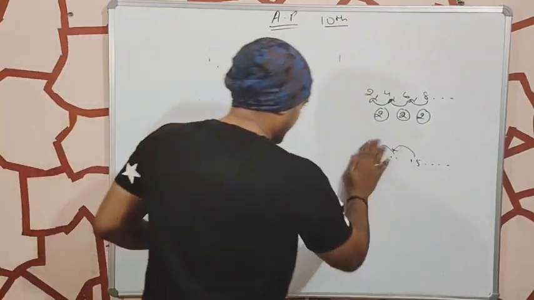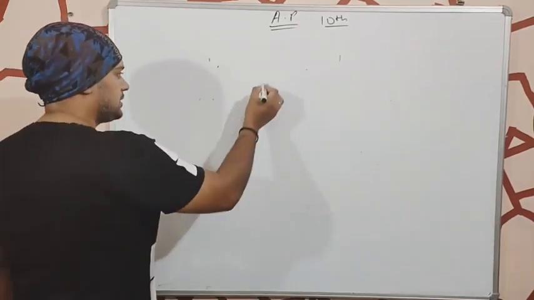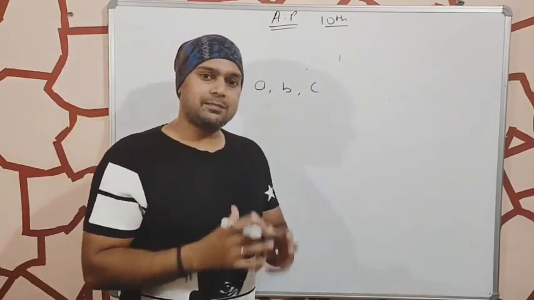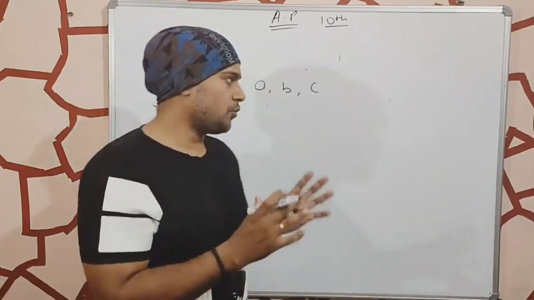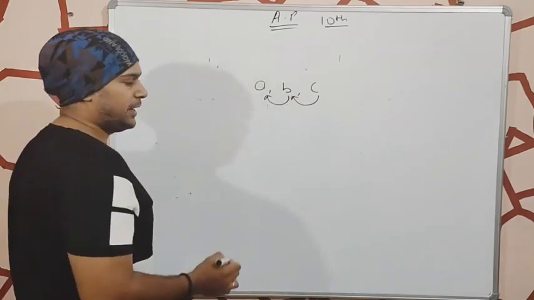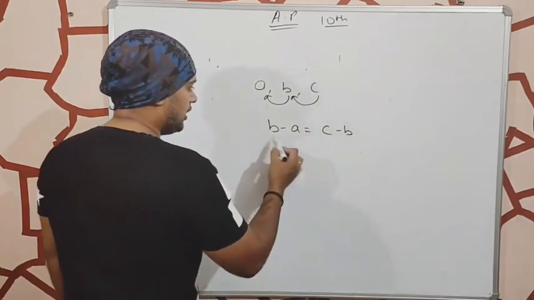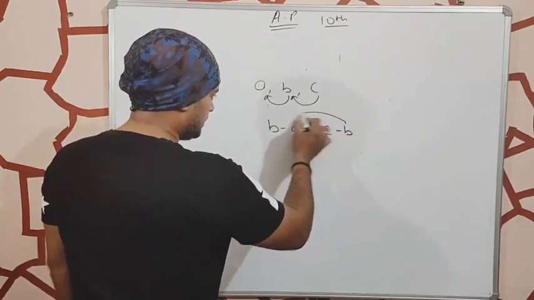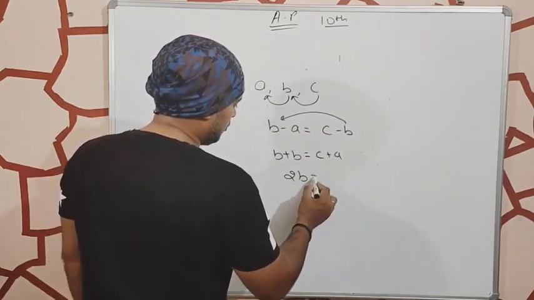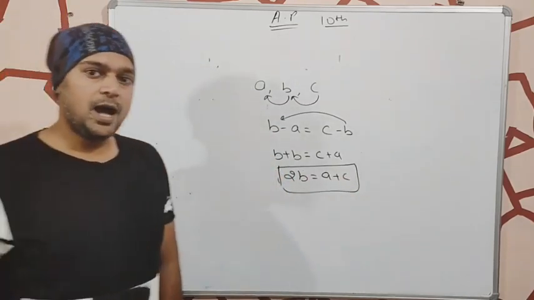Suppose there are 3 terms, say A, B and C. For these 3 terms to be an arithmetic progression, the condition is B minus A should be equal to C minus B. You can bring this B to this side, so it will be B plus B is equal to C plus A, or you can write 2B is equal to A plus C.